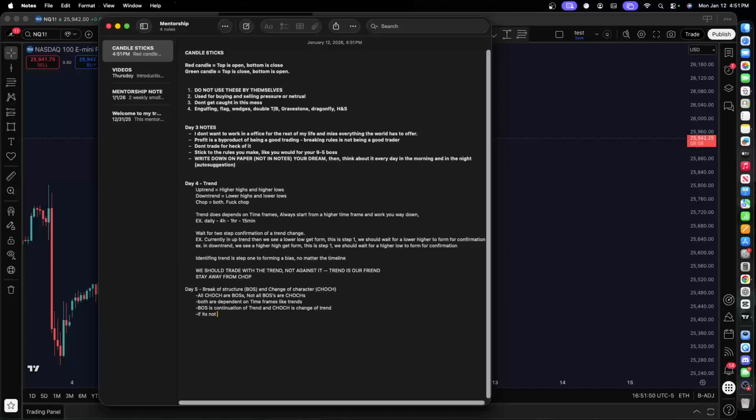If it's not trending, aka chopping, then it's forming a structure. Okay. Yeah, and any other notes you guys want, but that's pretty much what I'd write down.